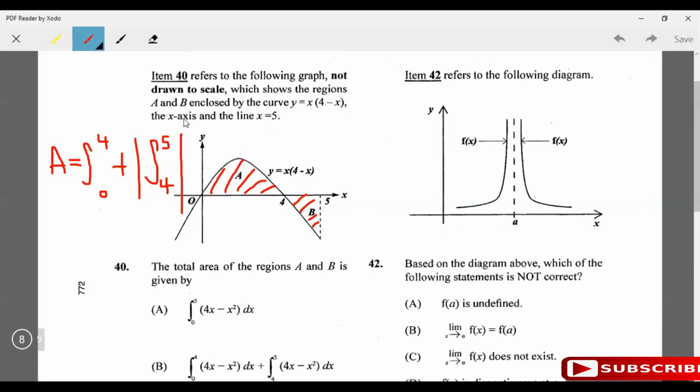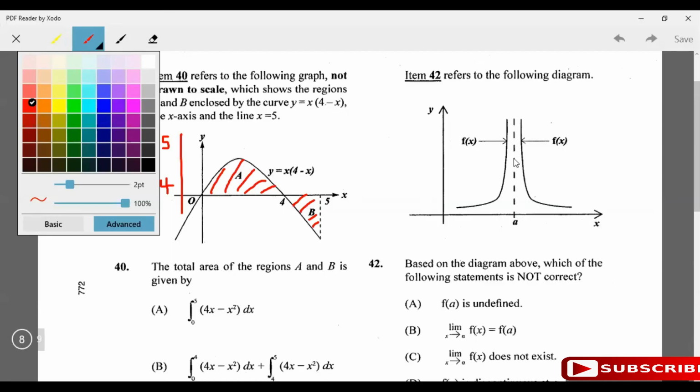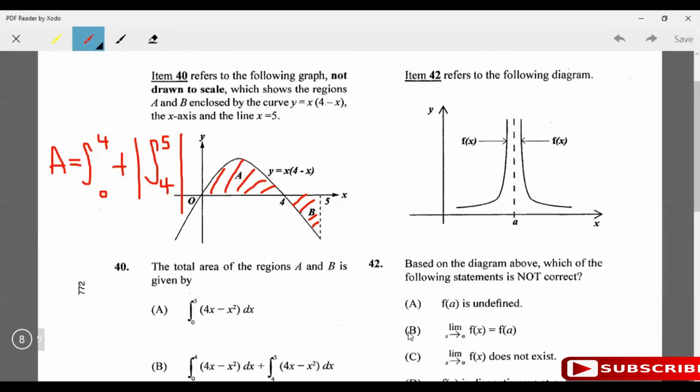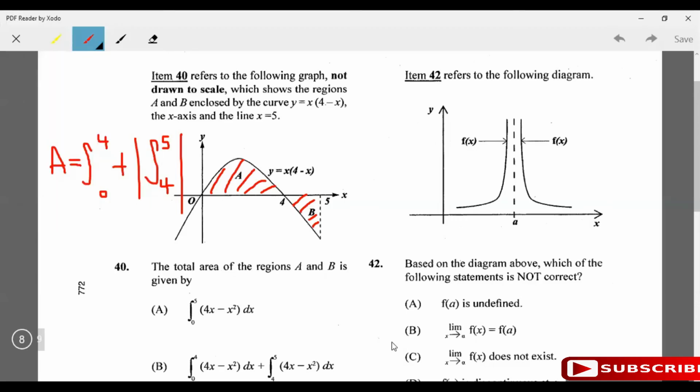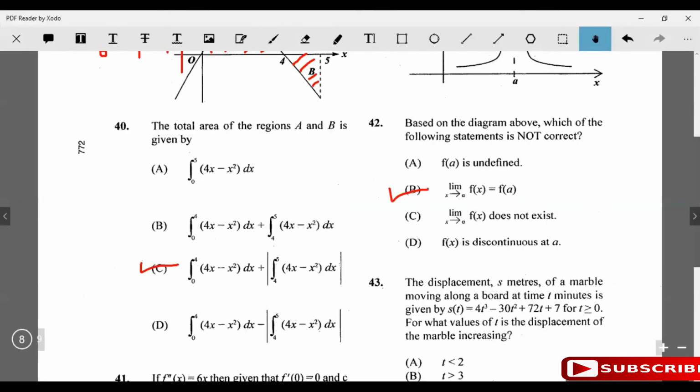Now look at this. f of a is undefined, and f of x also has no limit at a. So option B cannot be true. The limit as x goes to a of f of x cannot be f of a because f of a is undefined. And so that's question 42.